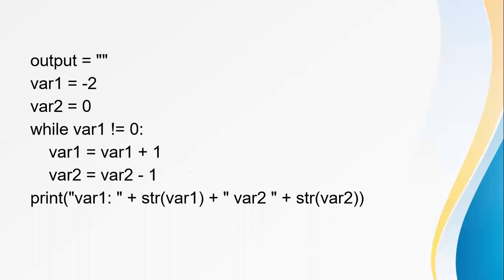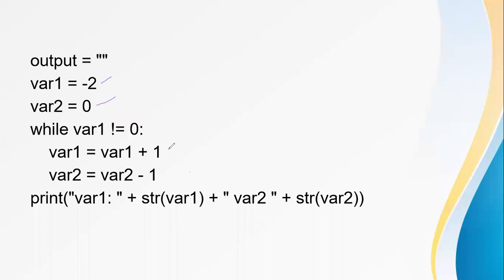Are you not aware of this answer? This program? Okay. Let me help you. So variable 1 is -2 and variable 2 is 0. Here, variable 1 is equal to variable 1 plus 1.